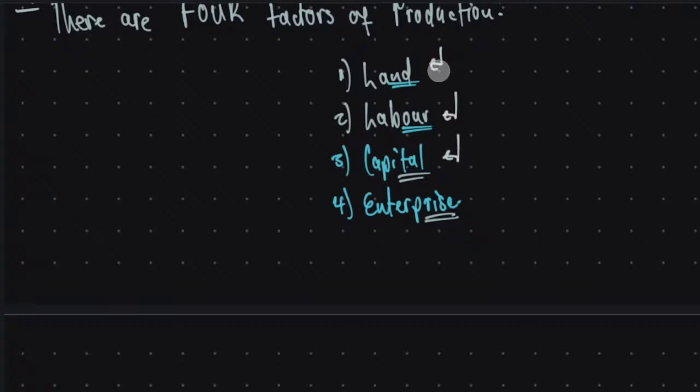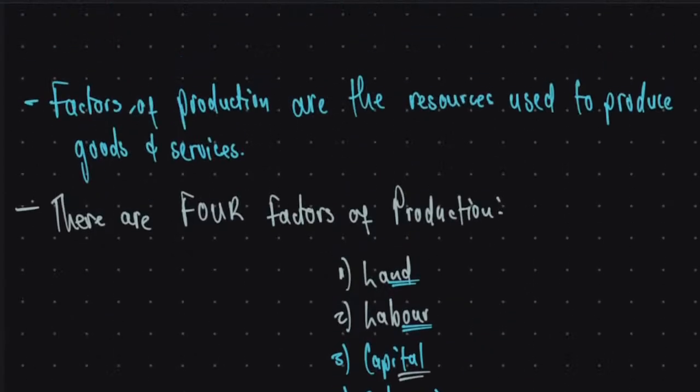So if I ask you to state the 4 factors of production, you should state them. If I ask you to define it, you should say factors of production are resources. I want to see this keyword, Alex. If you don't put this keyword, then there's a problem.